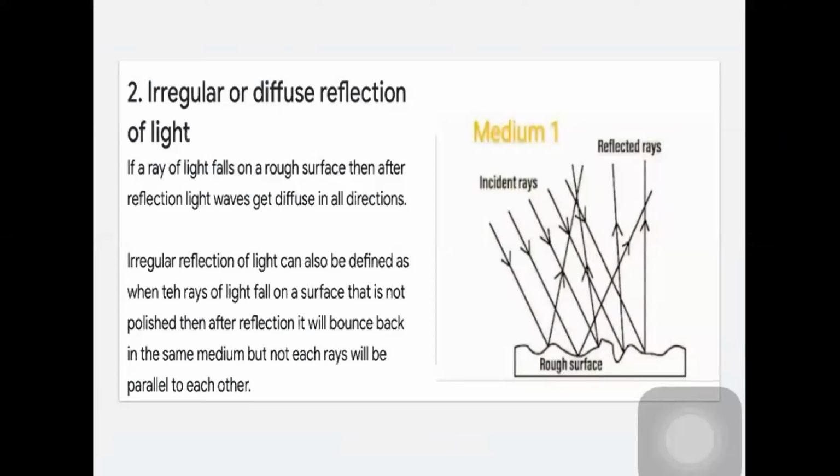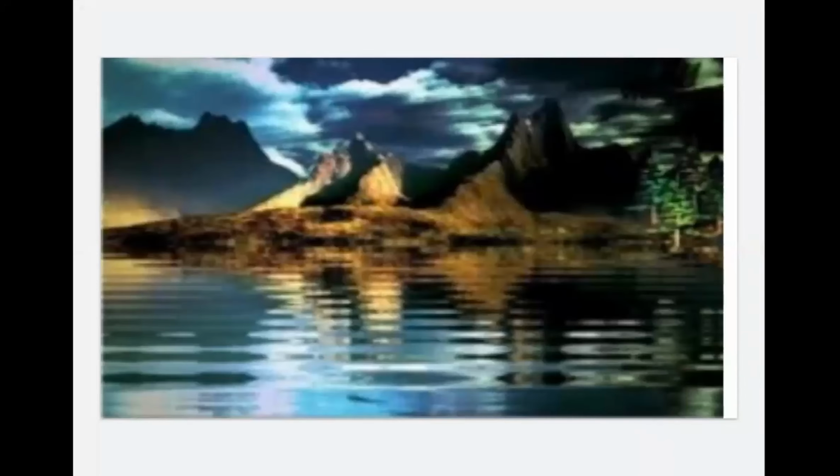But in irregular reflection, the surface is rough, and because of this, the rays of light reflected from the rough surface travel in all possible directions. This is the reason why the image is not clear.